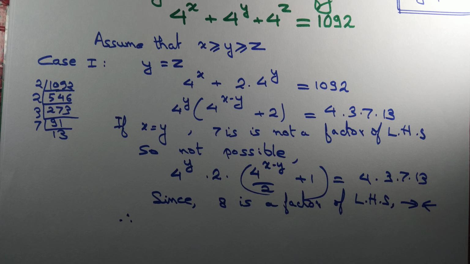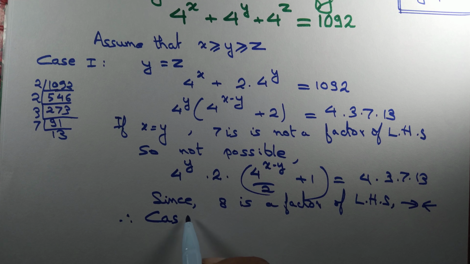Therefore, x equal to y is not possible, since 7 is not a factor. If x is not equal to y, then also we found that it is not possible. Therefore, we are done with case 1. Case 1 is simply not possible.